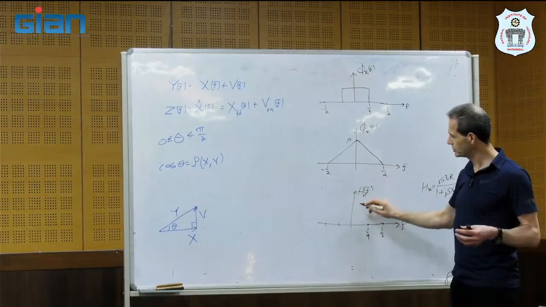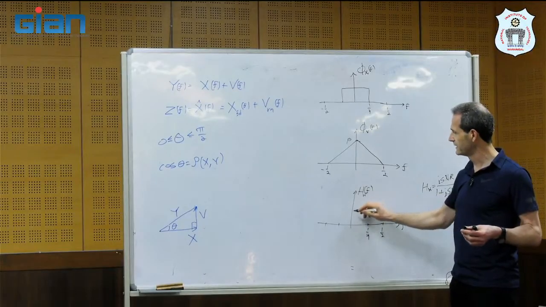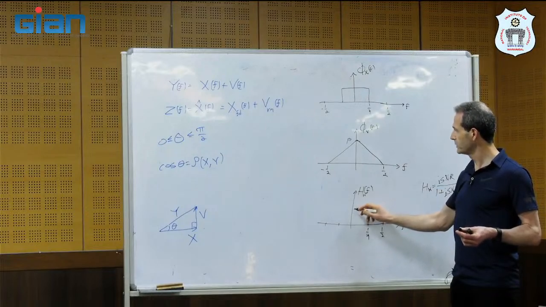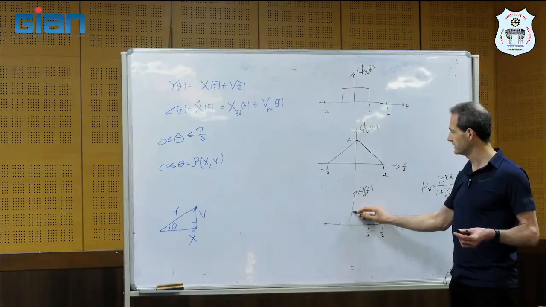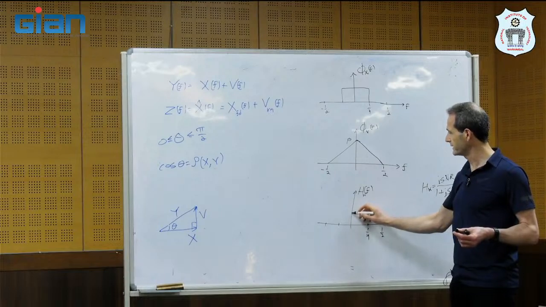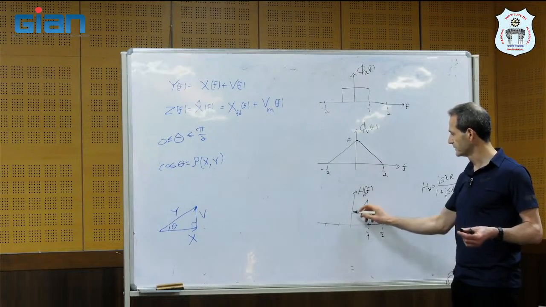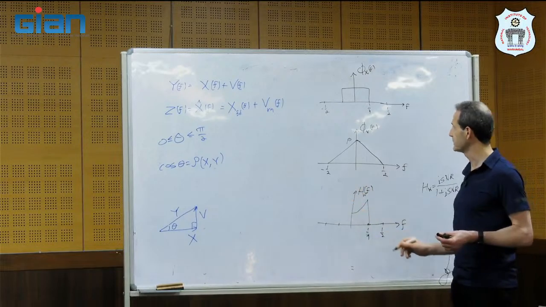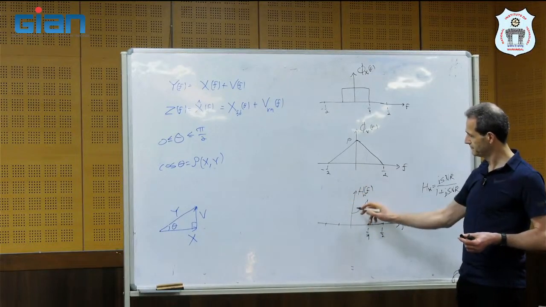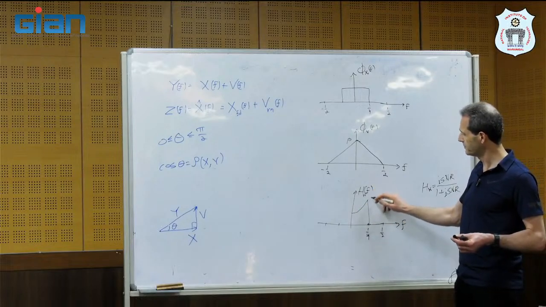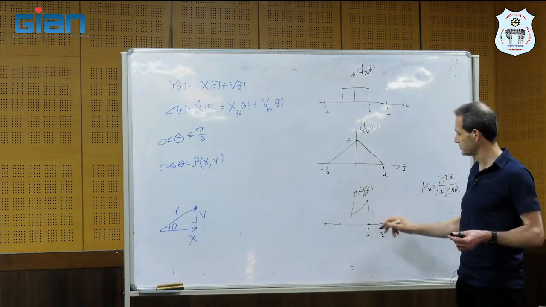Okay? So it can be something like that. I don't want to show exactly the structure, but probably it will look like this. So it can go up and then go to 0. And of course it will be symmetric. Okay? Because here it will be lower, and then it goes up, and then here it will jump to 0.